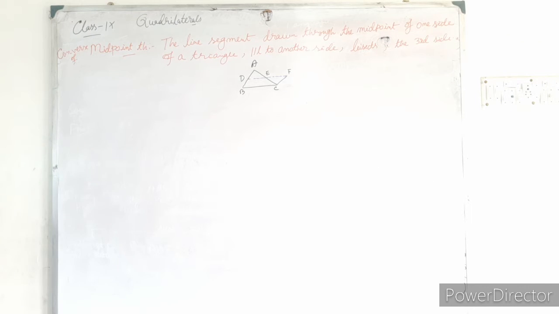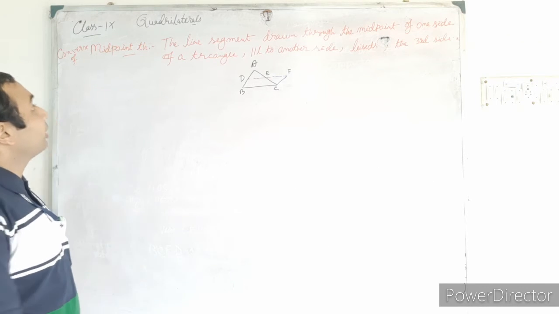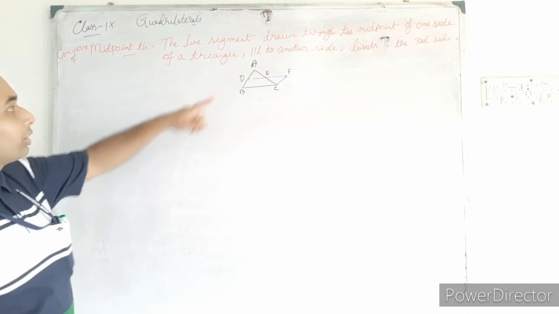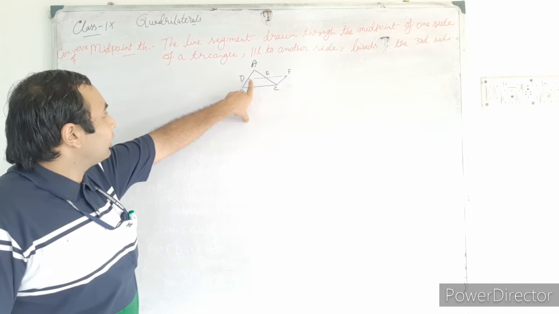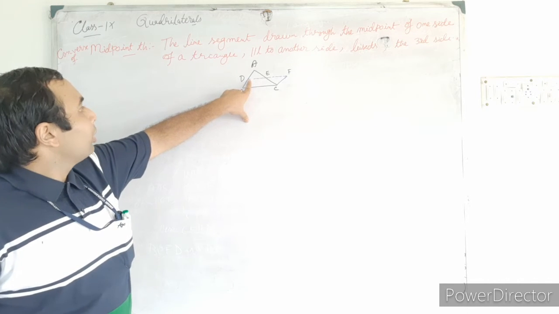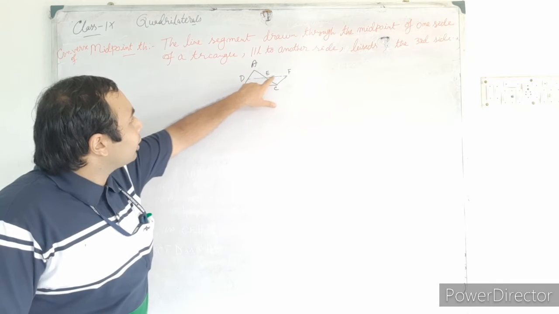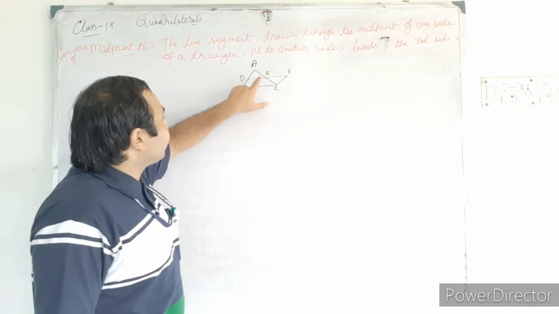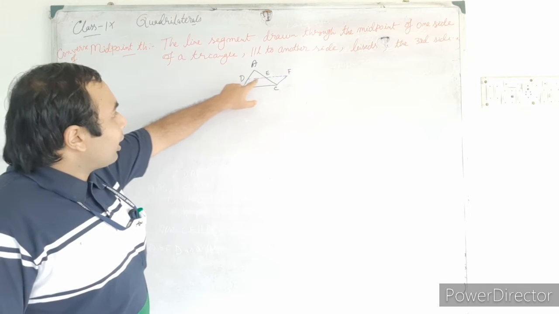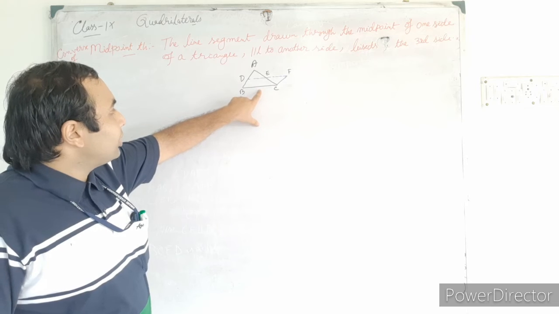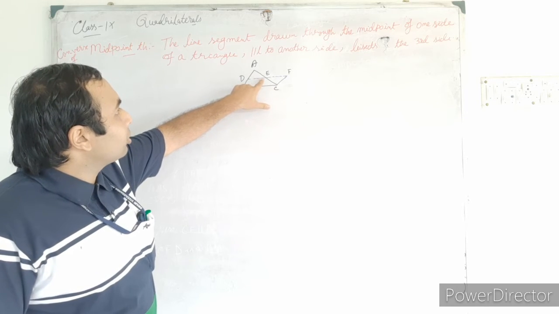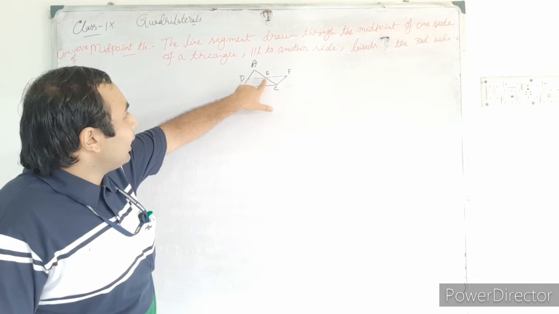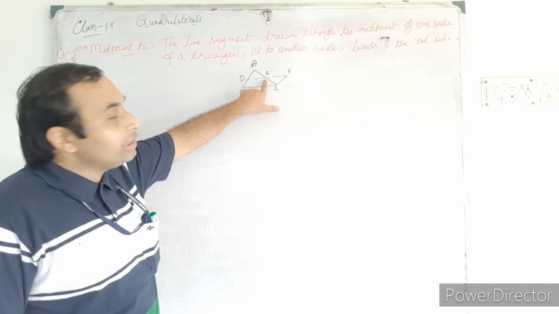So students, this is the converse of the midpoint theorem. The statement: the line segment drawn through the midpoint of one side of a triangle, suppose this is one side of a triangle and D is the midpoint, it is given. Now the line segment drawn through D, that is the DF or DE line, will be parallel to the third side, that is BC, and also bisect it. That means we have to prove AE is equal to EC, that means E is the midpoint.